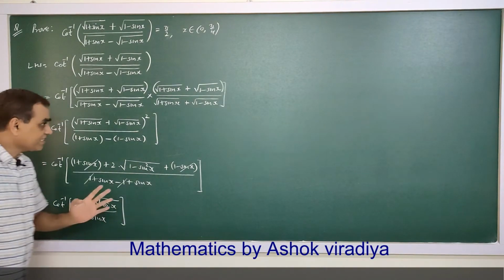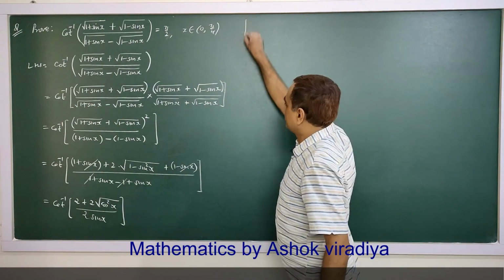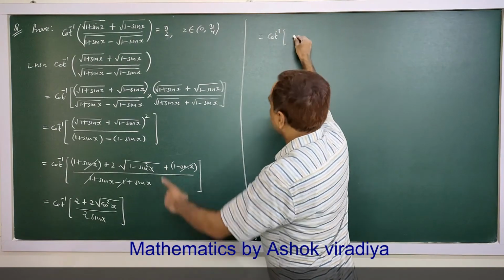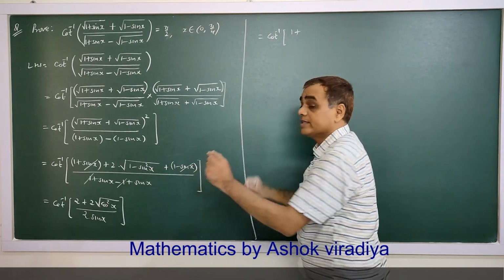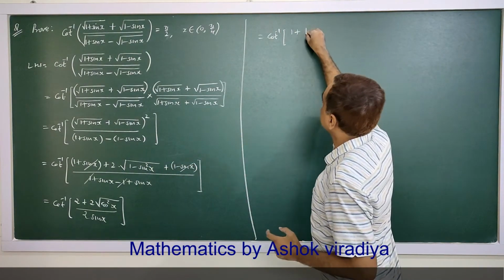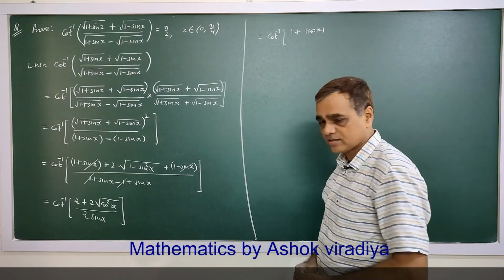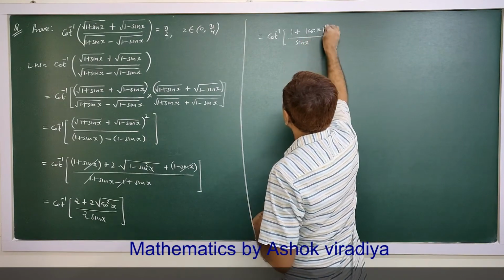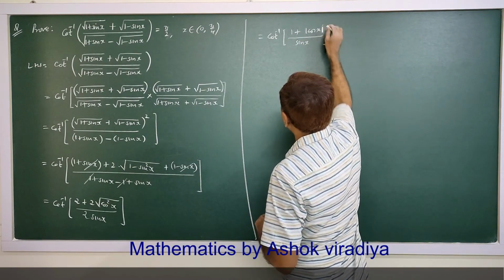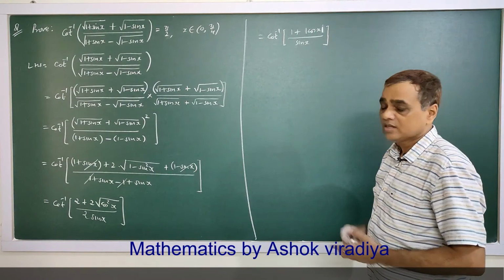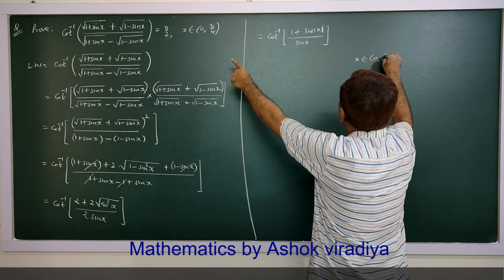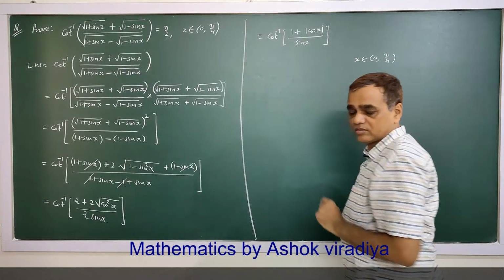Now here 2 will be cancelled, so it is equal to cot inverse 1 plus, now see root cos square x is modulus cos x, because cos x can be positive, it can be negative. But in the question it is given that x belongs to 0 to pi by 4.